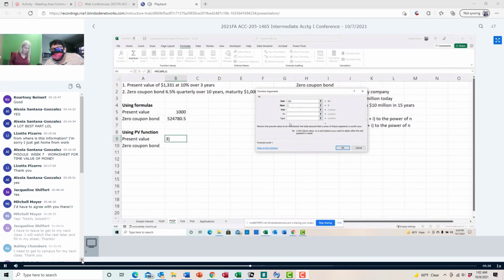I'll get more into that when we go over bonds because we're going to use these formulas with bonds. So in my FV, I type in -1331 because we're taking the present value of 1331 at 10% over 3 years. Notice we get the same answer, 1,000, but a heck of a lot easier than putting in the formulas, right? Way easier than putting in the formulas.